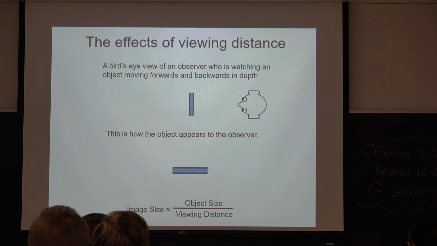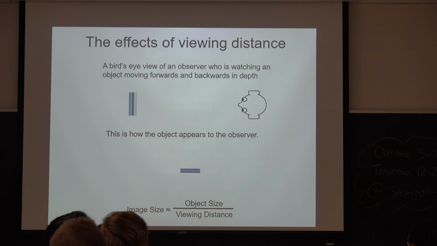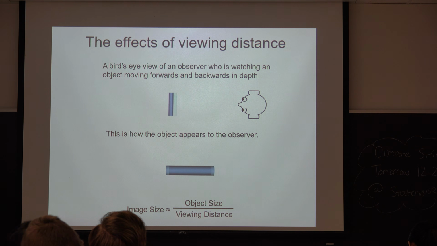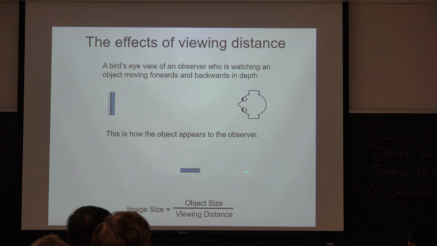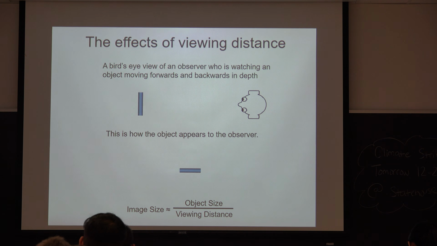And guess what this slide is about? Same thing. So this is one of the things that we have to deal with. Here we have an observer looking at this thing moving back and forth in depth, and this is what's happening on the retina. It expands, it contracts. This is a basic stimulus, by the way.